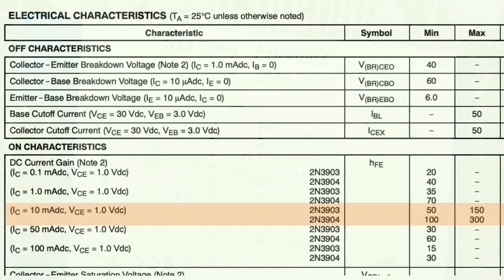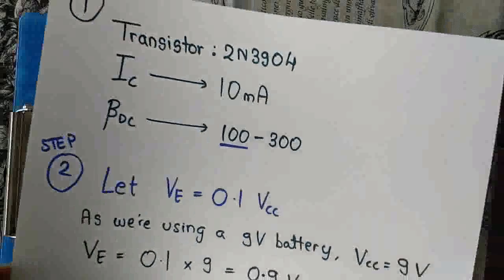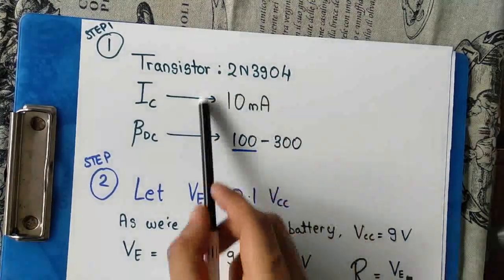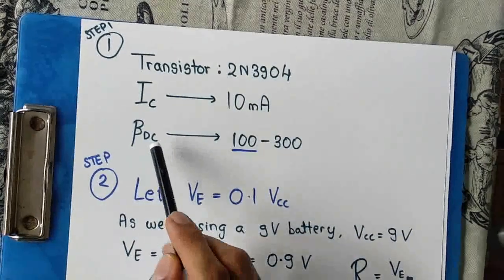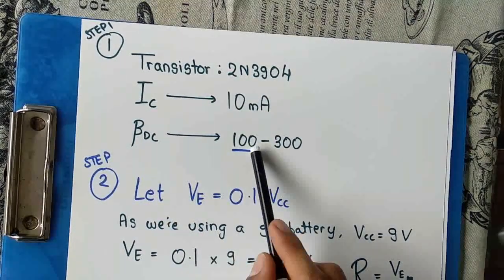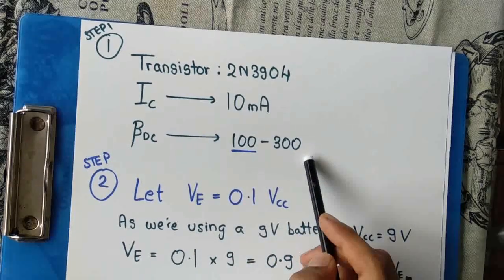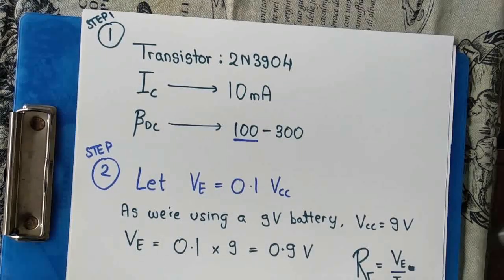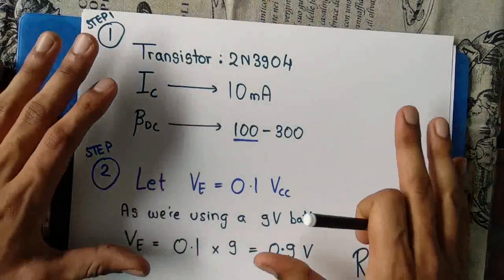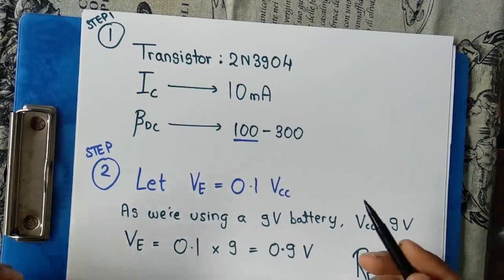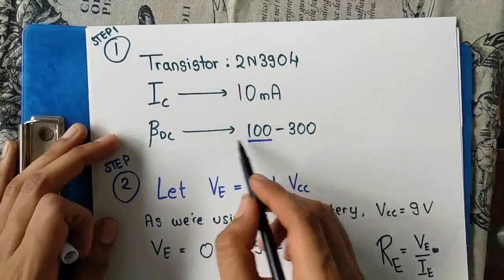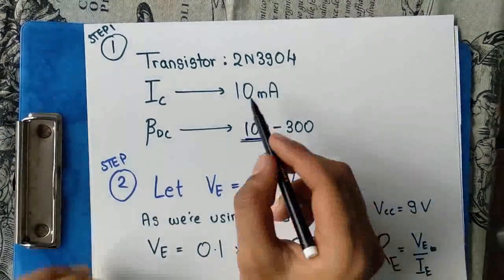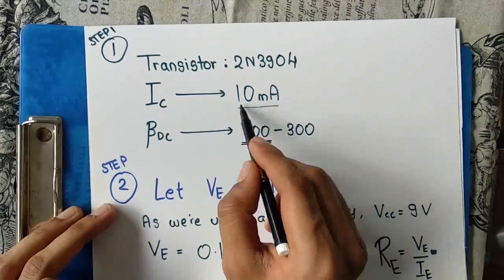For this transistor, it turns out that at a collector current of 10 milliampere, we have a value of beta DC somewhere between 100 to 300. And this varies from transistor to transistor. For this circuit design, I'm going to assume that the beta value stays at 100 and the IC, the collector current, is 10 milliamperes.